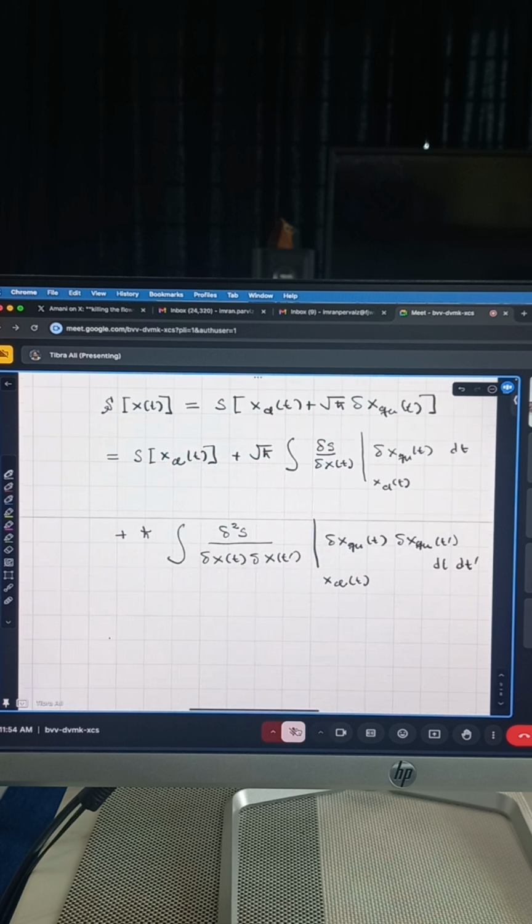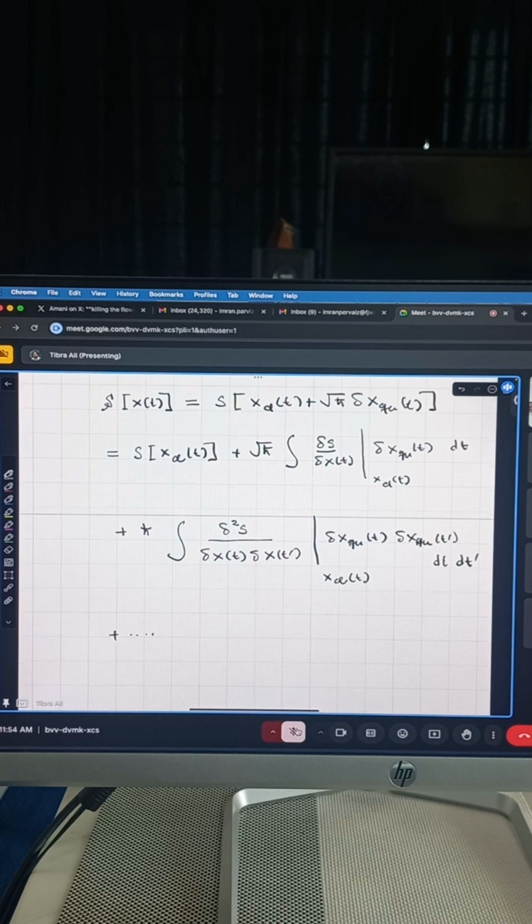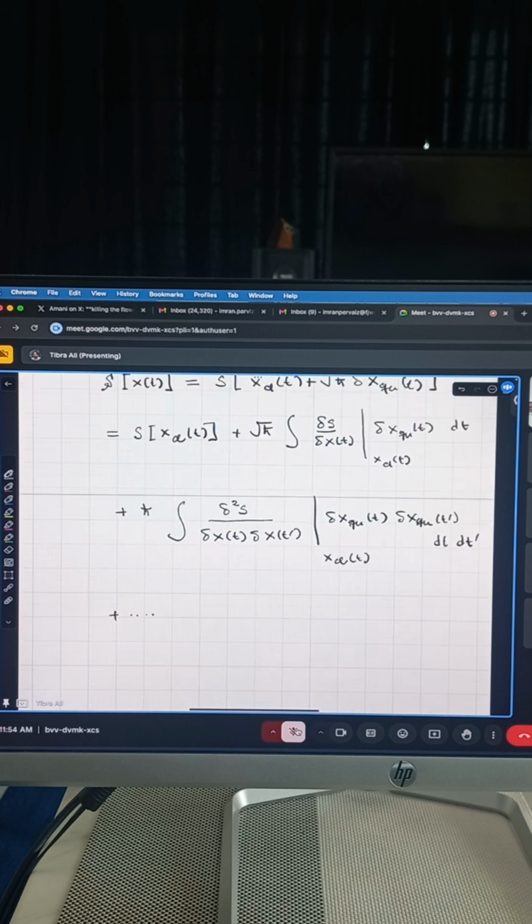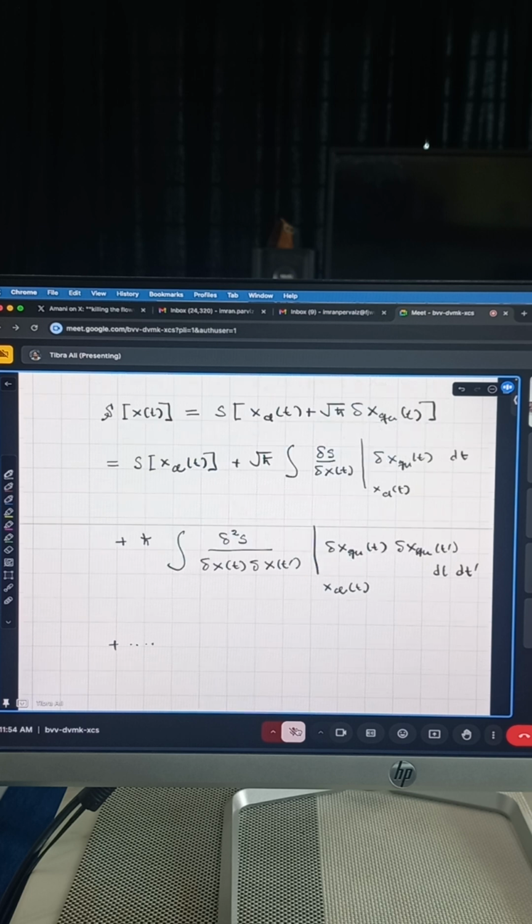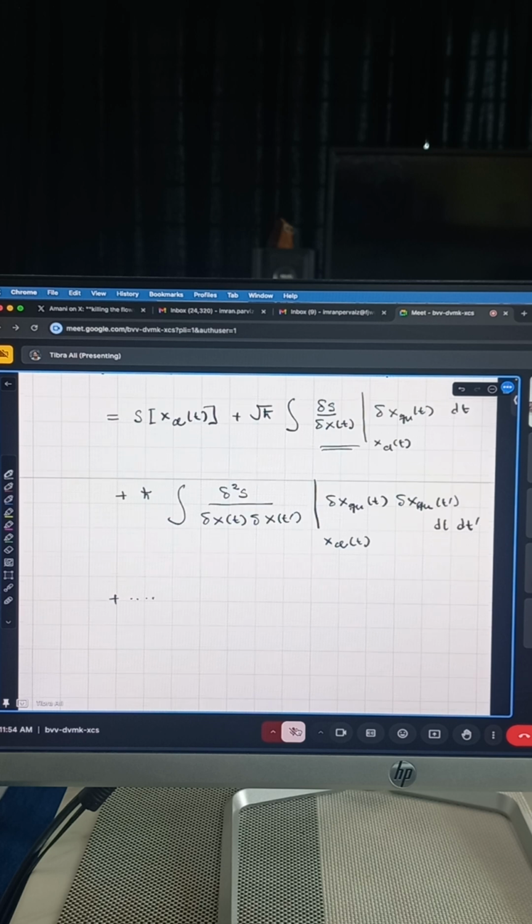Now you see that something interesting is happening. Because this is evaluated on the classical path, we know that for the classical path, Hamilton's principle tells us that this thing for x classical is 0. Therefore, in this expansion, this term is going to be 0.